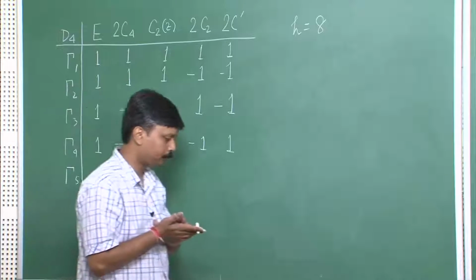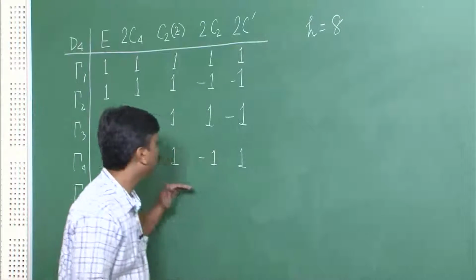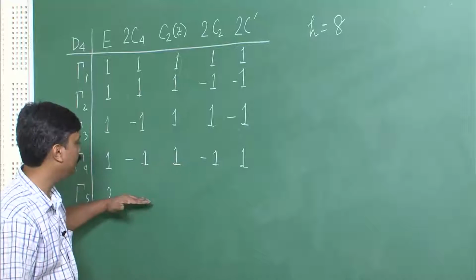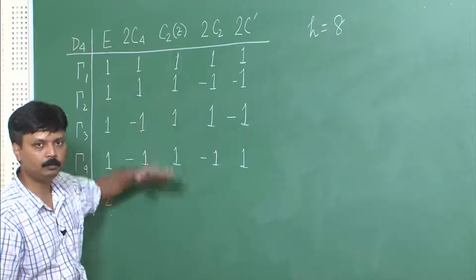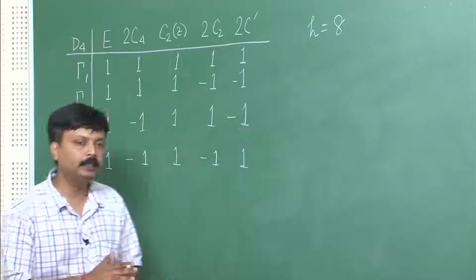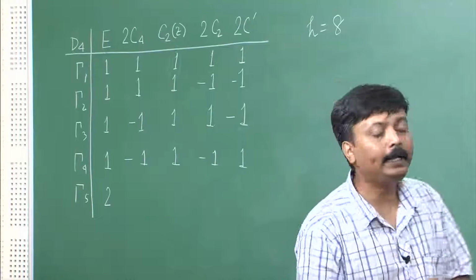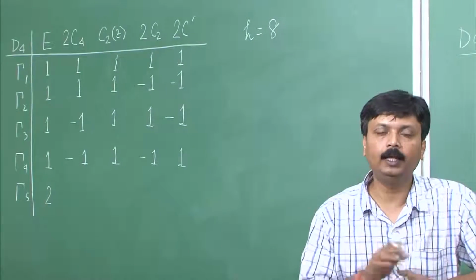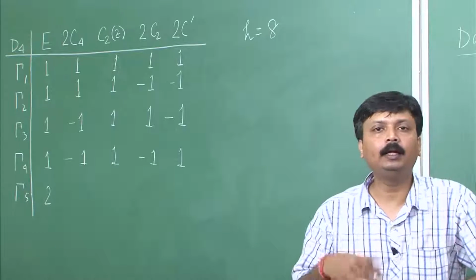So, one way to do this is a trial and error method, if you find some numbers which will be orthogonal to each of these. Otherwise, there is a very easy solution where you can take any generalized point, take its coordinates, and then apply all the symmetry operations and get the representation.